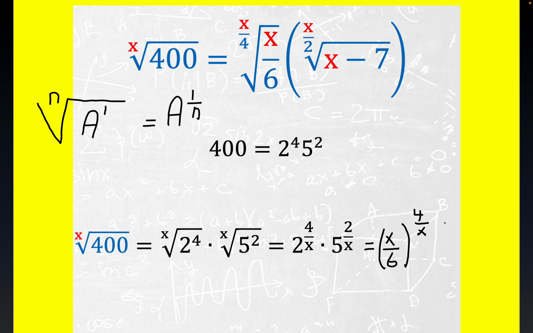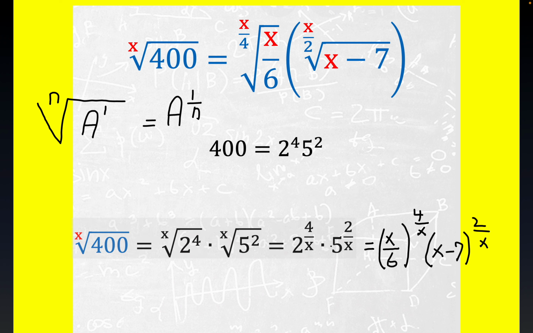Now in a similar fashion, what are we going to have right here? We're going to have x minus 7 raised to 2 over x. Now, folks, we're in a position to actually solve this by inspection.